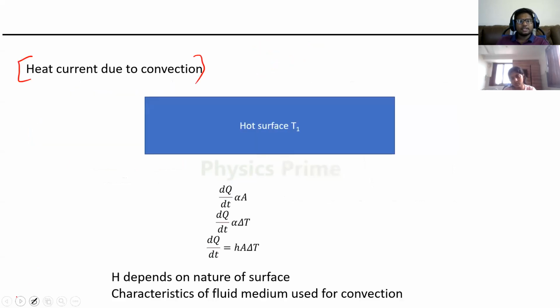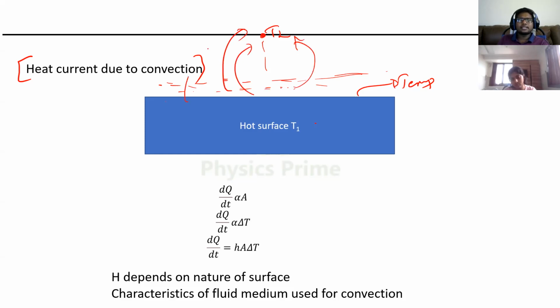Okay. If a hot surface is there, a thin film will form here, which has high temperature. Slowly, when we go up, the temperature will be lower. Because the temperature is higher here, the density will be lower, and these molecules will go up, right?